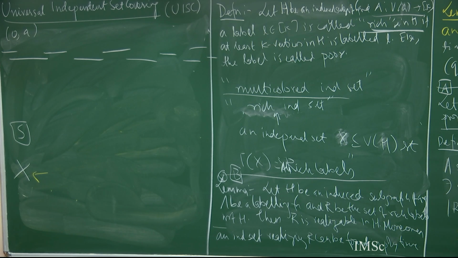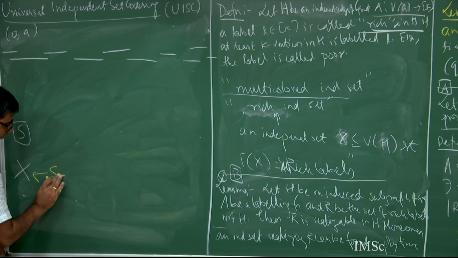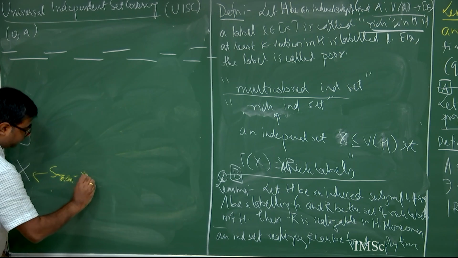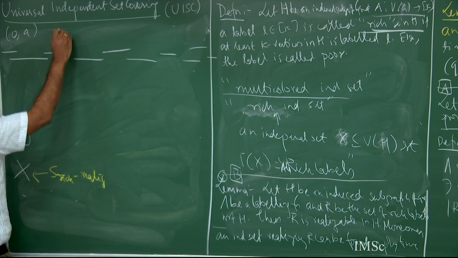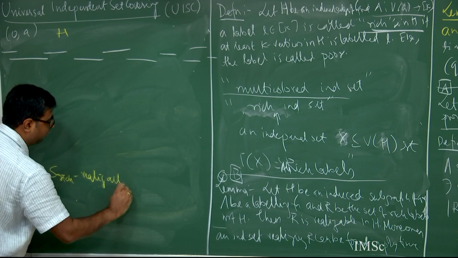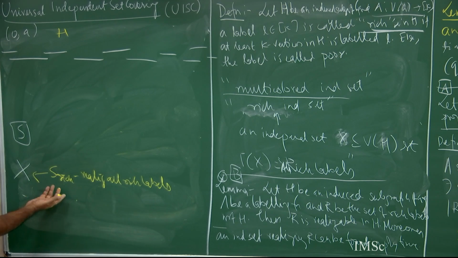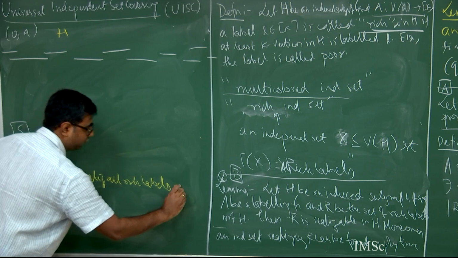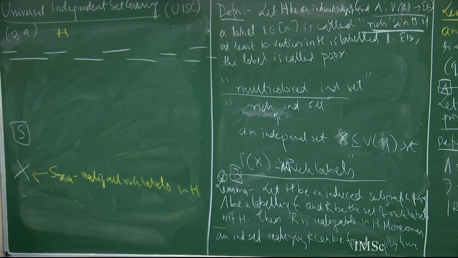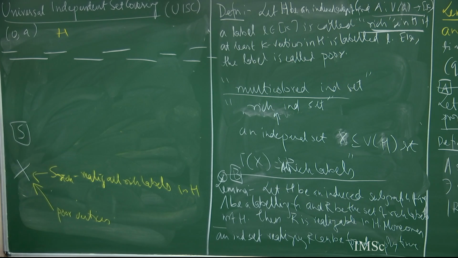S consists of S rich, and we are at some stage H, S rich realizing all rich labels in H. This S is an independent set you will give me, and this contains all poor vertices. So this is what I have constructed at this point of time.